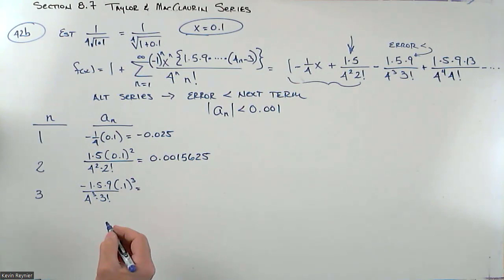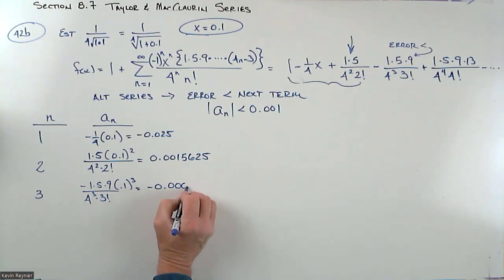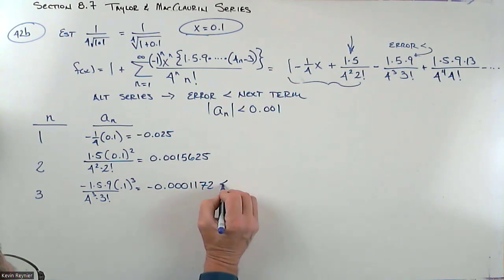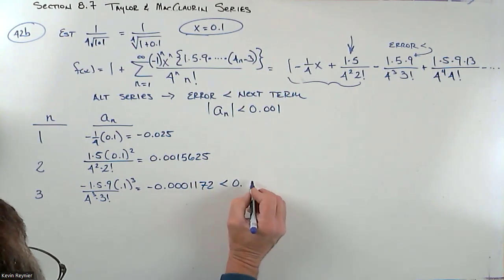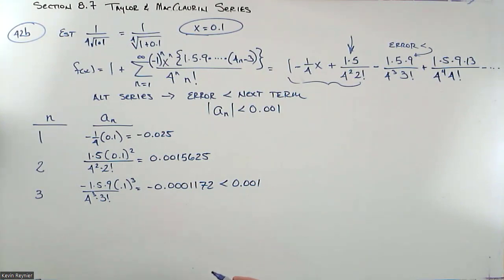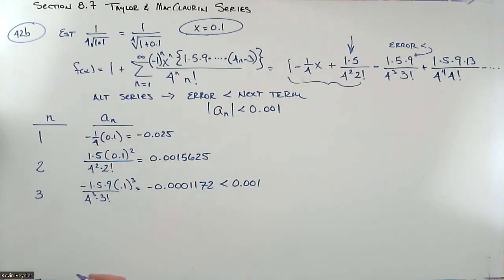I did that arithmetic, and that comes out to be negative 0.0001172, which is less than 0.001, which is what they gave us. So we can get our approximation accurate enough just using these terms right here, 1, 2, 3, and have that be our error.